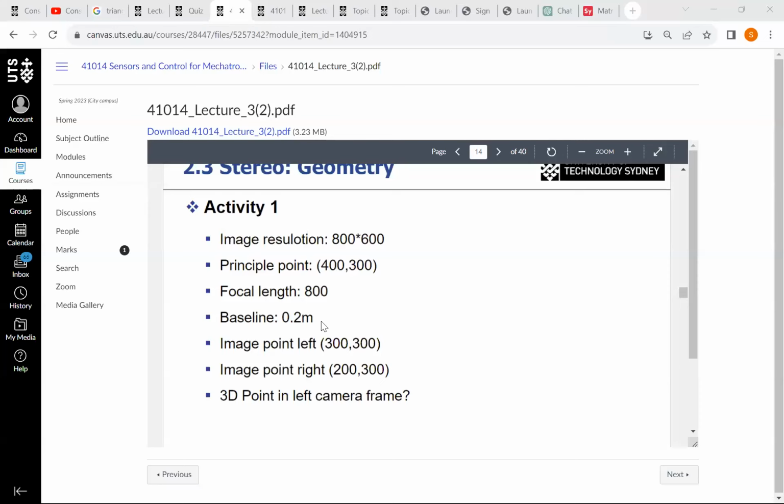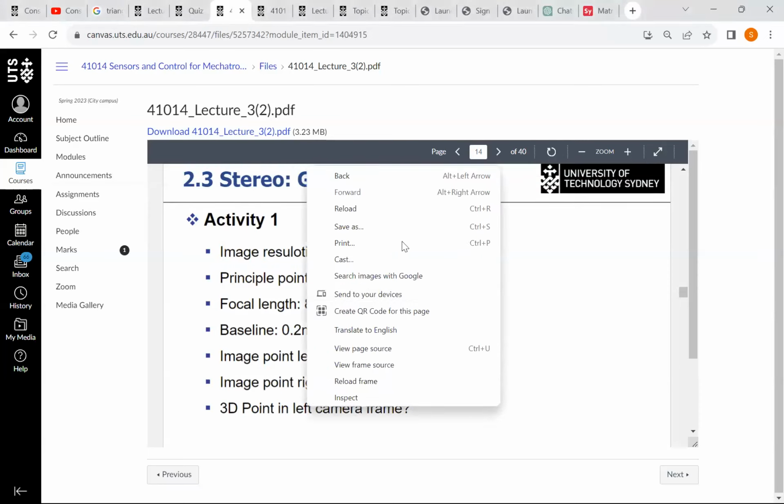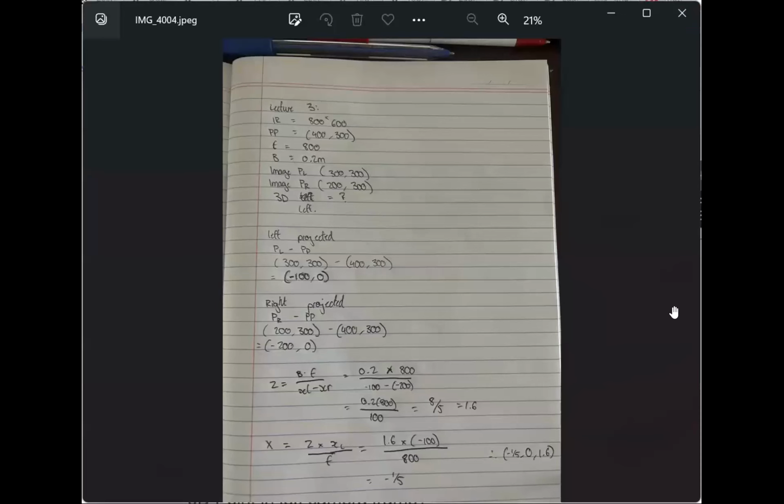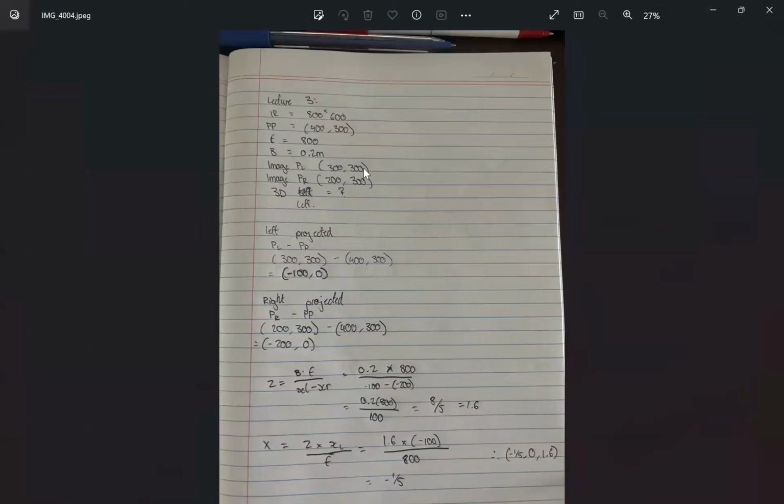So here's the question: 3D point in left camera frame. Let me get my working up. Can you see that one there? I've written down all the stuff. 3D left equals question mark.